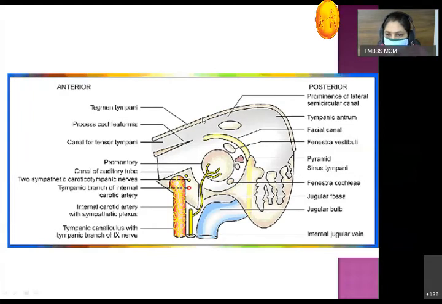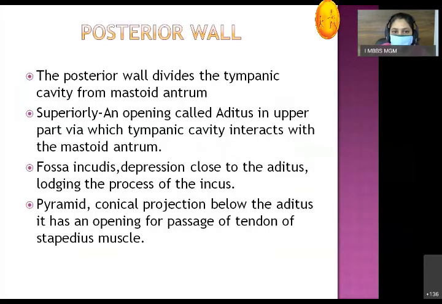So this cavity is separated from the mastoid process posteriorly. The posterior wall first divides the cavity from the mastoid antrum. Then superiorly in the posterior part there is an opening, that is the auditus, where the tympanic cavity communicates with the mastoid antrum.